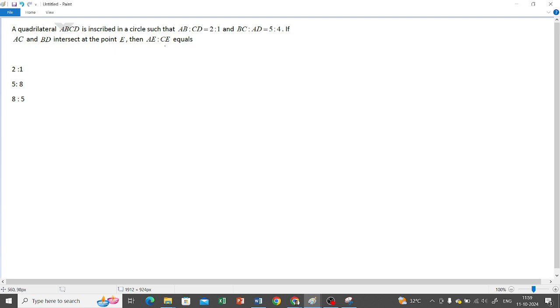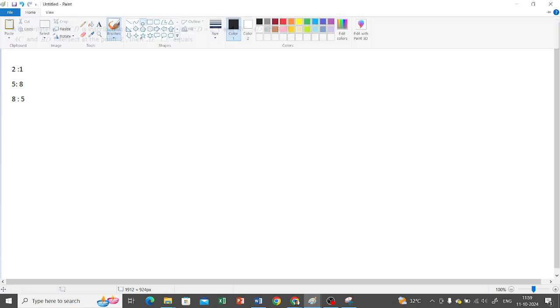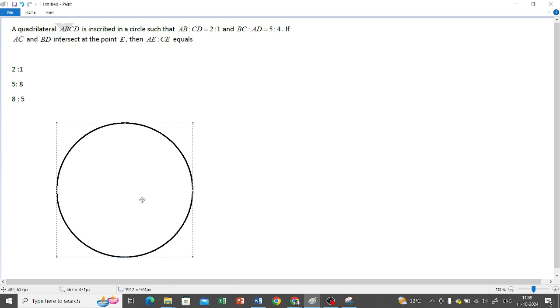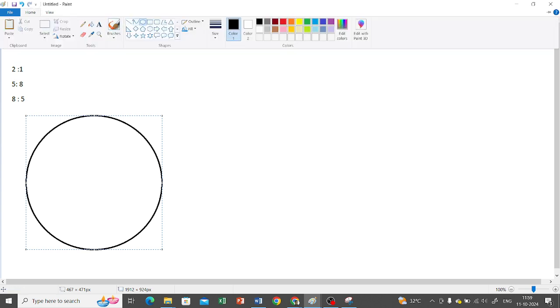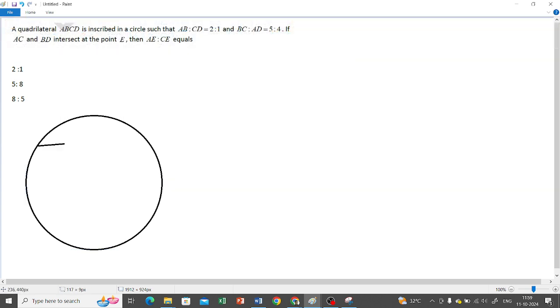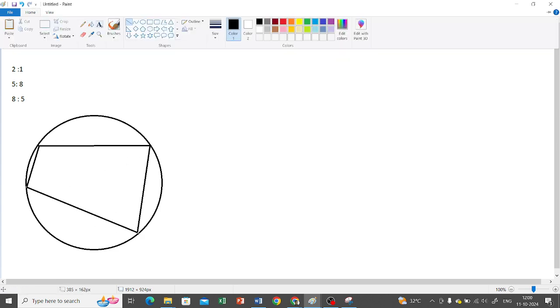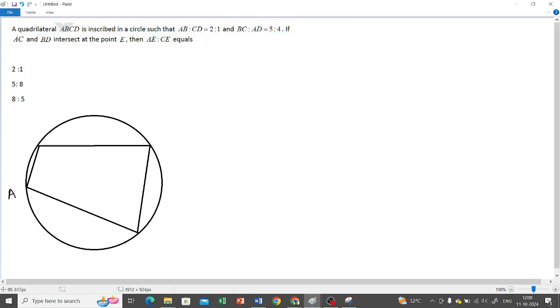Okay, a quadrilateral ABCD is inscribed in a circle. ঠিক আছে? So this is a circle. Okay, quadrilateral ABCD is inscribed in a circle such that AB is to CD is 2 is to 1.